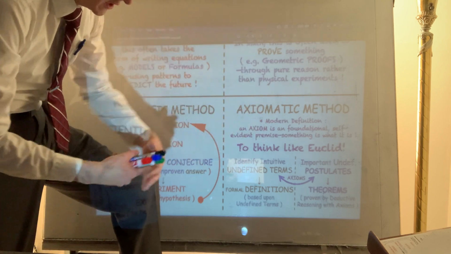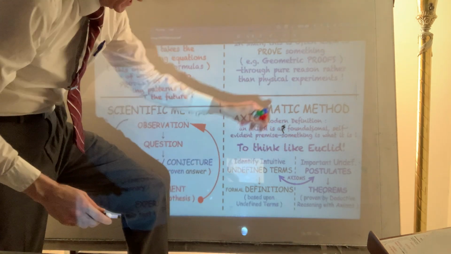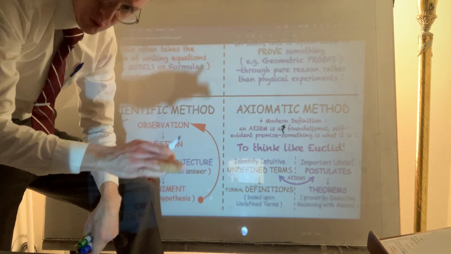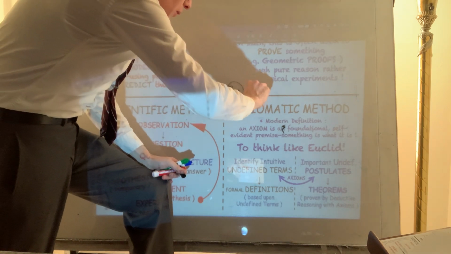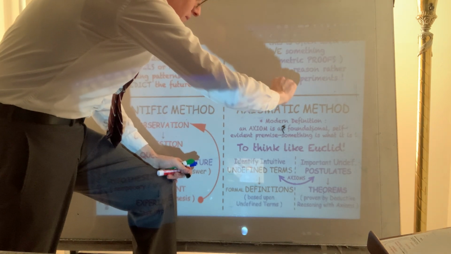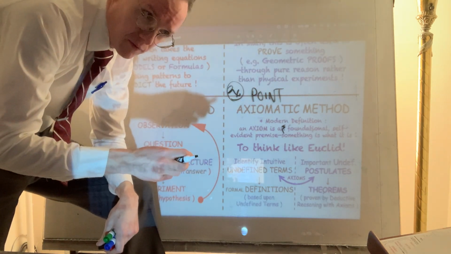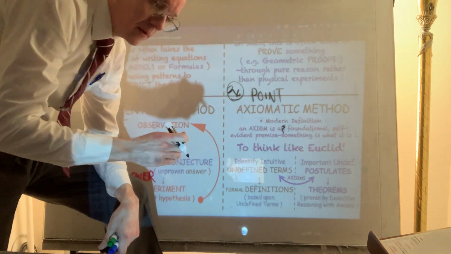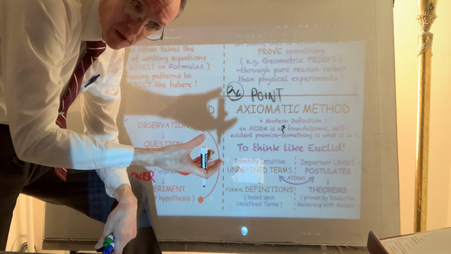An axiom is a foundational self-evident premise. Something is what it is. Like, say, for example, a mathematical point is the most fundamental object, idea in geometry.